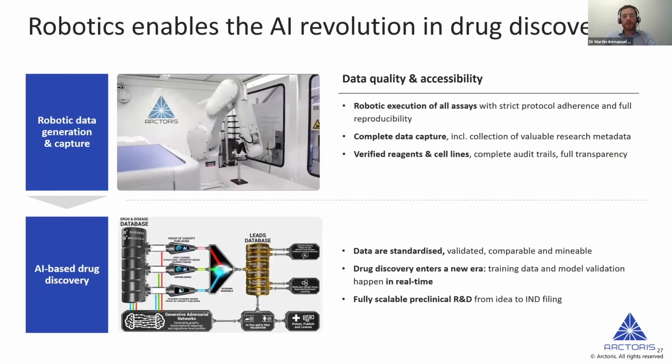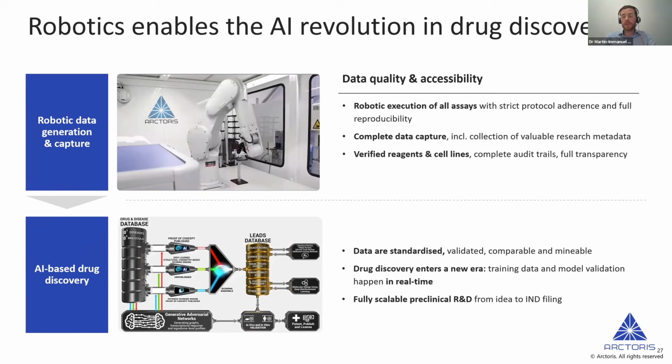Once we combine robotic data generation and AI, we arrive at a very exciting inflection point. Because once we execute assays and experiments using robotics, we achieve full protocol adherence, full reproducibility. At the same time, we have data capture that's far more complete than anything we've ever done before.